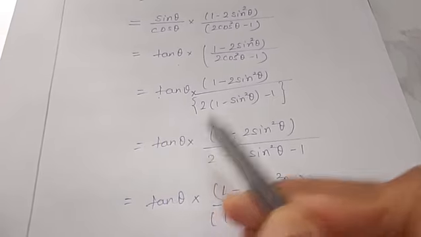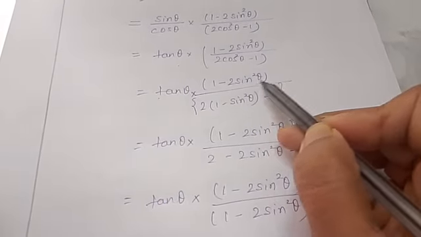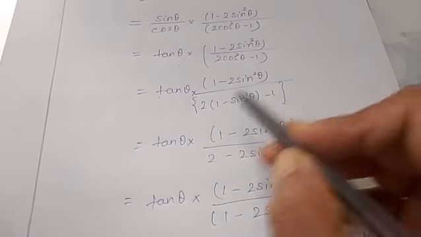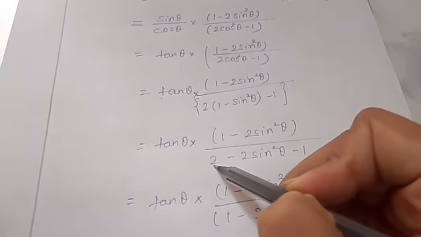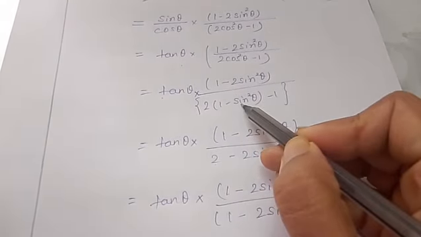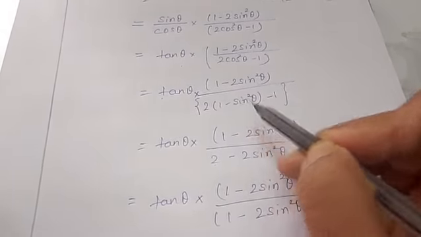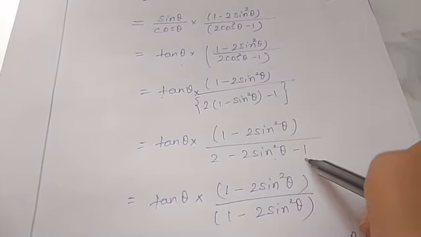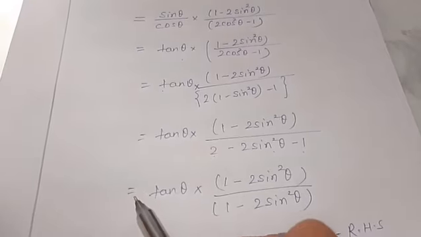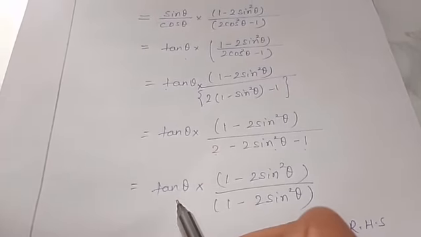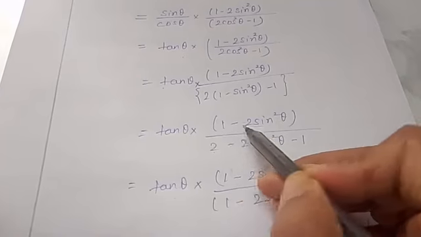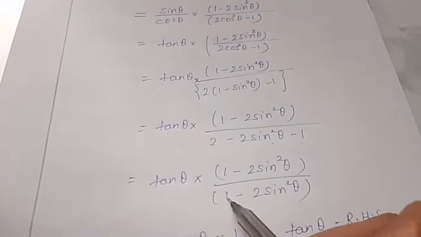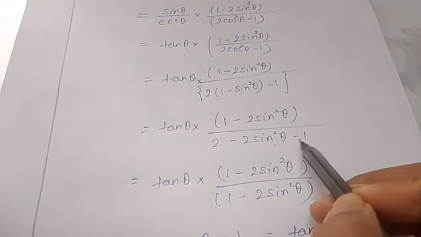So tan theta into (1 minus 2 sin square theta) upon 2 into (1 minus sin square theta) minus 1.